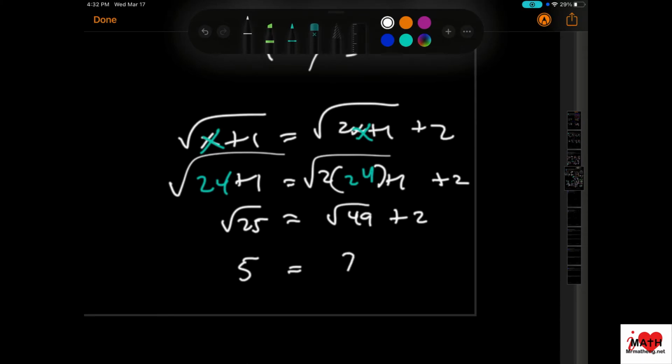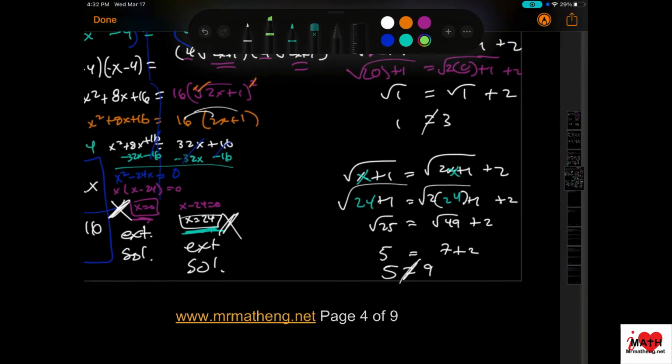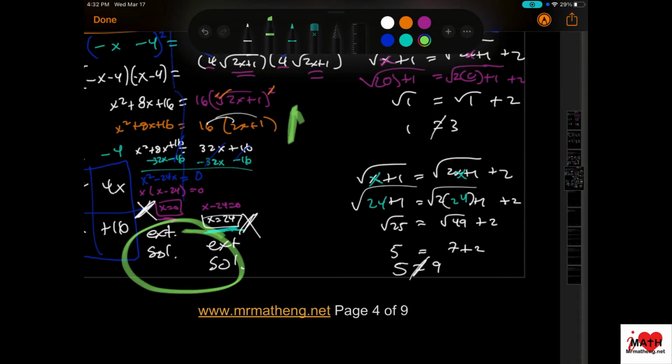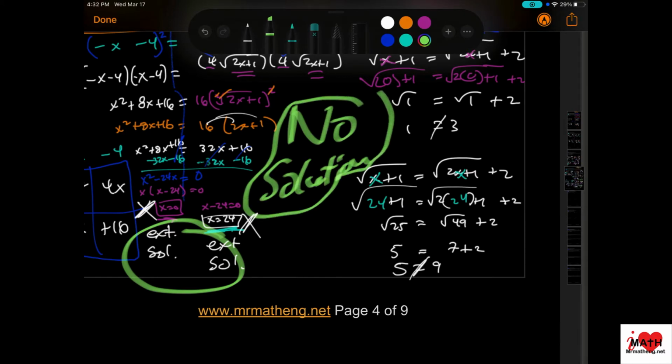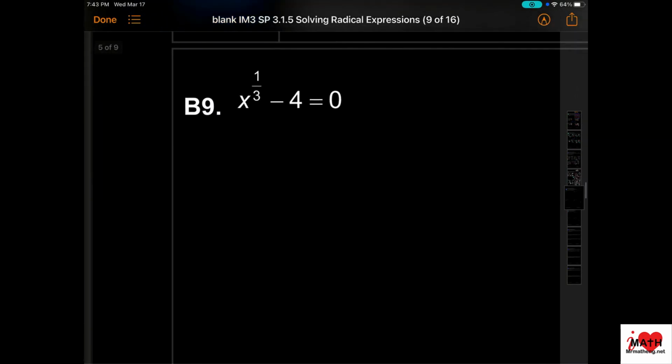Square root of 49 is 7 plus 2, which is 9. Can 5 equal 9? No, it cannot. Bad. Extraneous solution, and when they are both extraneous solutions, this means no solution. Whoa, crazy. All right, let's go over B9.